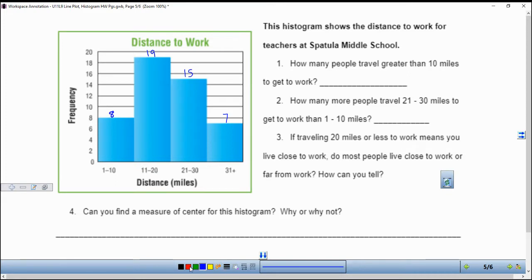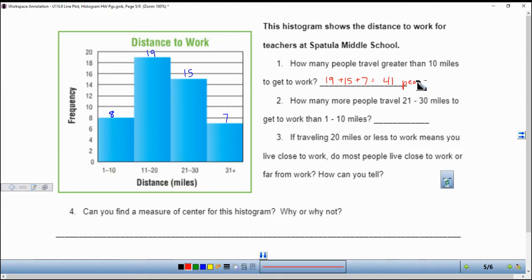Okay. How many people travel greater than 10 miles to get to work? Greater than 10. So that would not include this first interval. It would be 11 through 20, 21 through 30, and then 31 plus. So it's going to be 19 plus 15 plus 7. Well, 19 plus 15 is 34, plus 7 is 41 people.